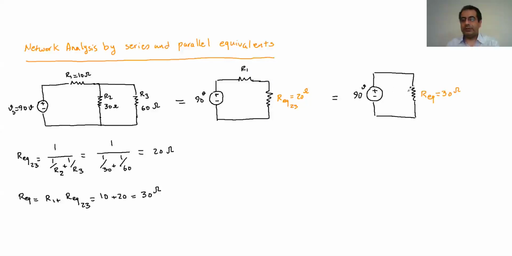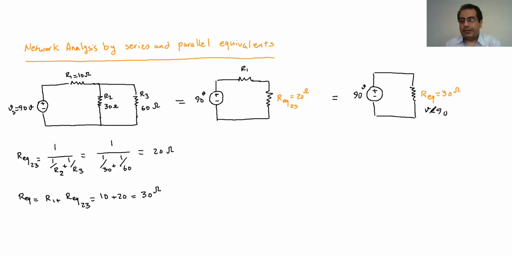This one is directly connected to this one, so whatever voltage it has, the same voltage. So the voltage here is also going to be 90, because there are no other elements in the system. There's only one resistor, one battery.